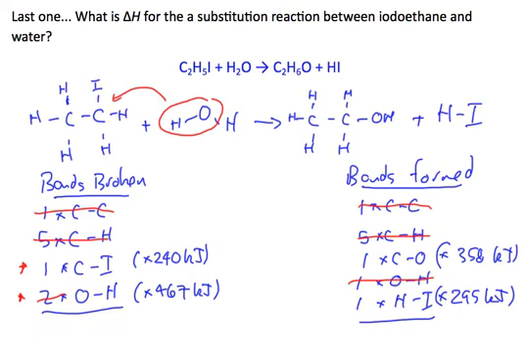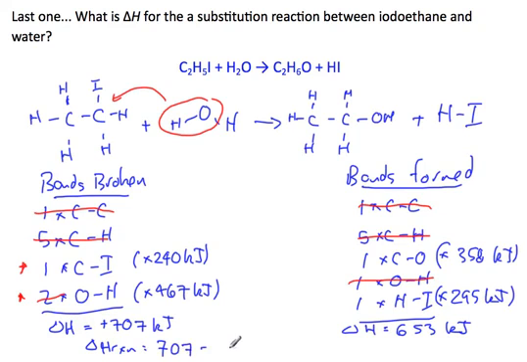So the totals here, when I add those up, the total for the bonds broken, delta H of bonds broken, is 707 kilojoules. The delta H for bonds formed is 653 kilojoules. And so delta H for the reaction, bonds broken, 707, minus bonds formed, 653, equals positive 54 kilojoules.